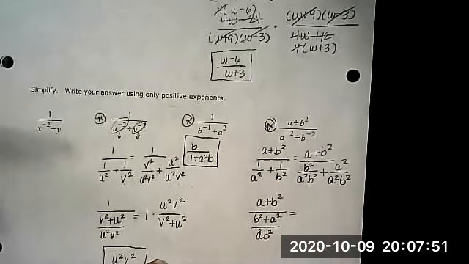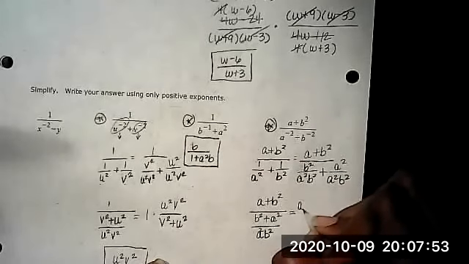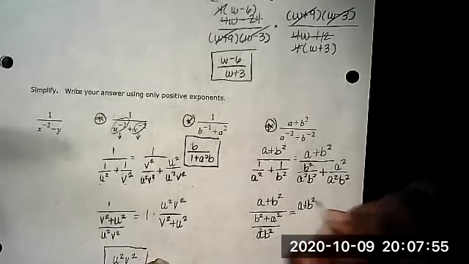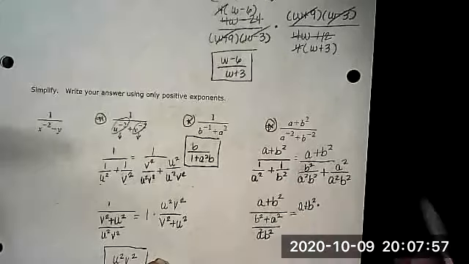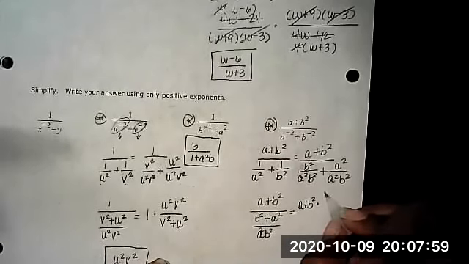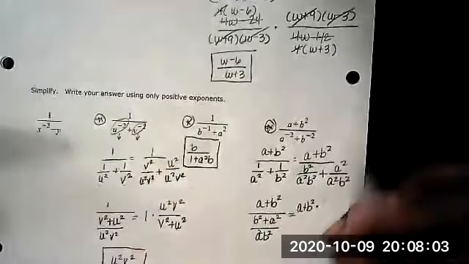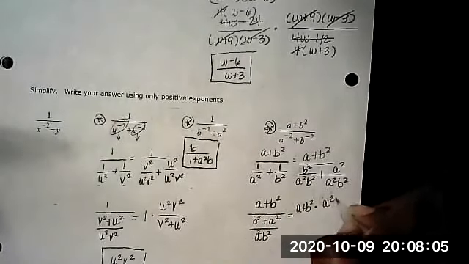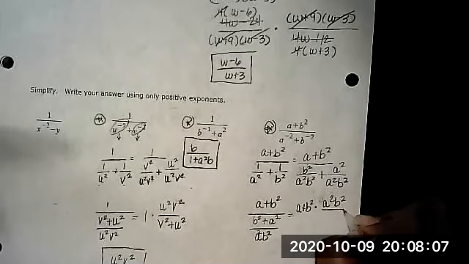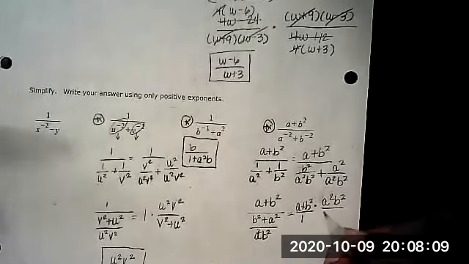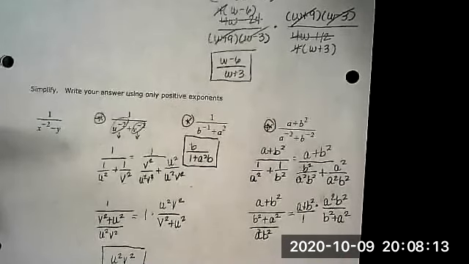Now that I have this a plus b squared, I can multiply by the reciprocal, which is a squared b squared over, remember that's over 1, b squared plus a squared.